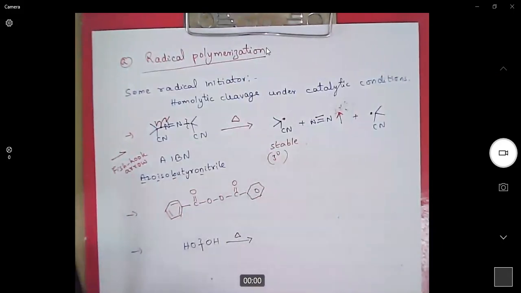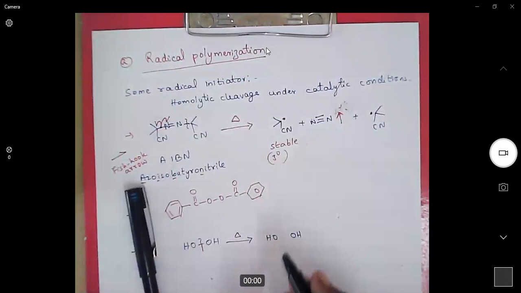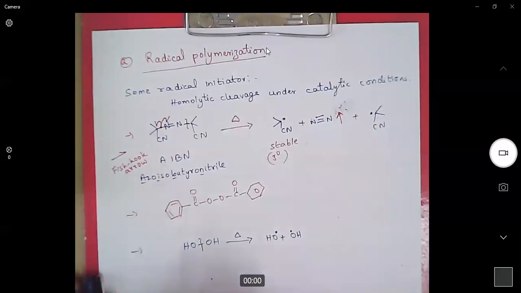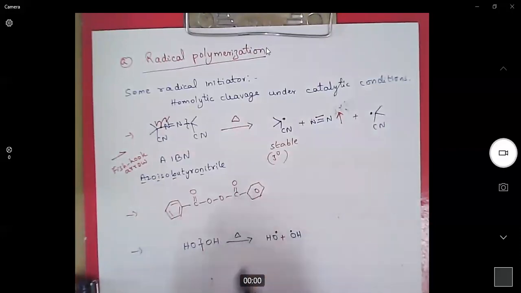That means the two electrons in the bond will be shared between two hydroxy radicals. This is common for any peroxide. This is dibenzoyl peroxide. One side PhCO, other side also PhCO.